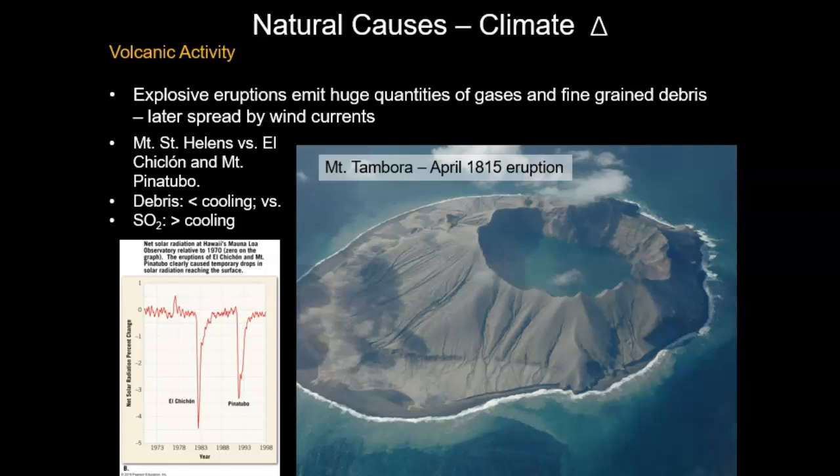This material is later spread around the whole globe by the upper wind currents, and there it remains for months or even years. One great example of this hypothesis is a period referred to as the year without summer, which followed the April 1815 eruption of Mount Tambora in Indonesia. From this volcanic eruption, a huge column about 4,000 meters high expelled 100 cubic kilometers of volcanic debris.